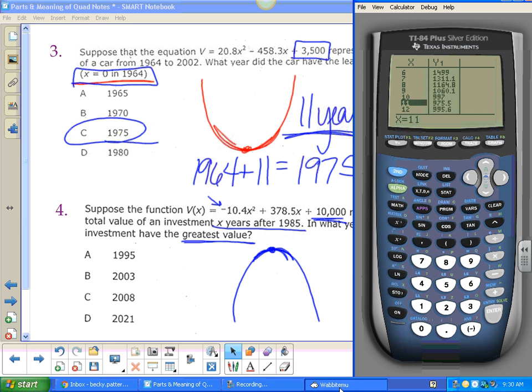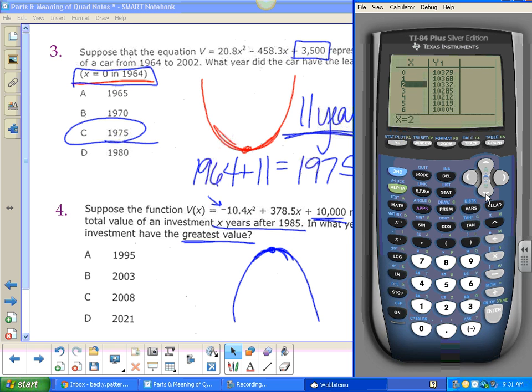So I'm going to take my calculator and very carefully type in, okay, then I'm going to go to table. And again, if I go back to 0, so I want to know, when does it peak?